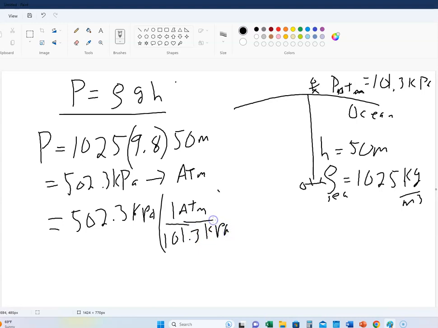So the kilopascals cancel here, and that'll tell us what you feel when you're 50 meters below the surface of the ocean.